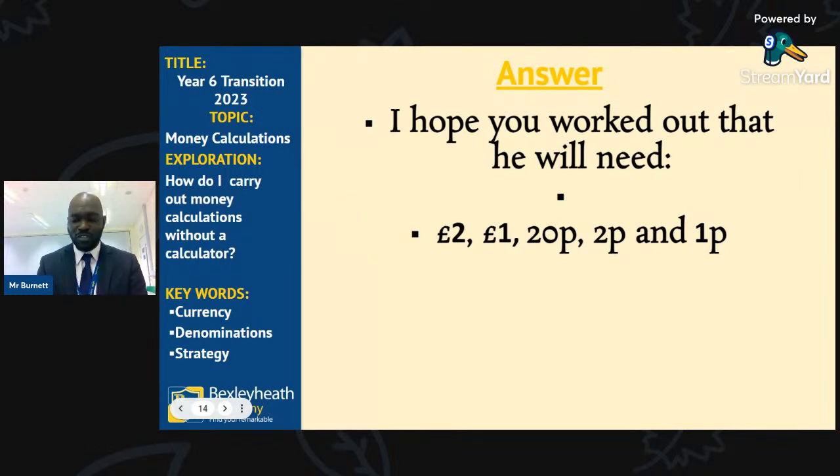And to make the 23, he would use a 20p coin, a 2p coin, and a 1p coin. So if you are someone who works in a rush, don't forget to come back and check your answers, make sure it works. There is nothing wrong with checking the answer more than once.